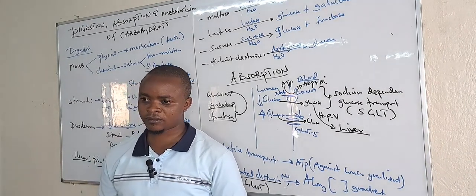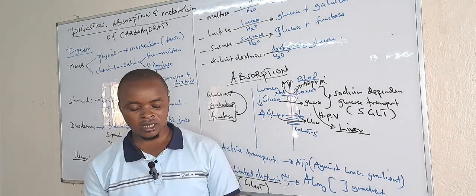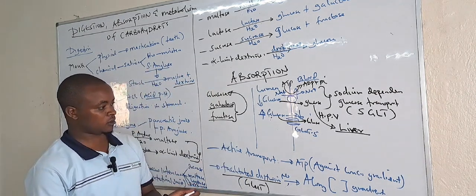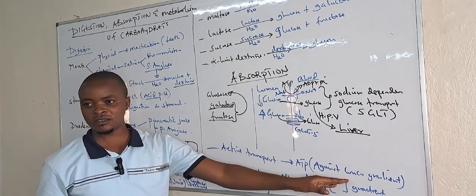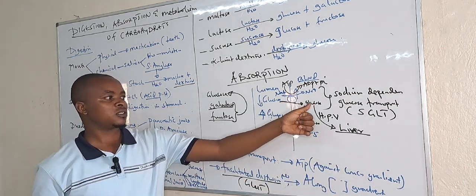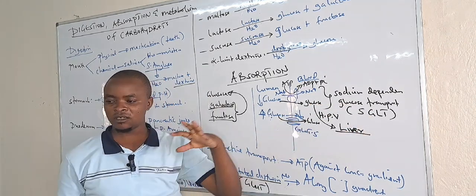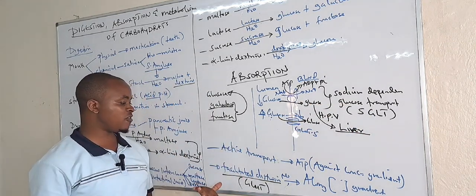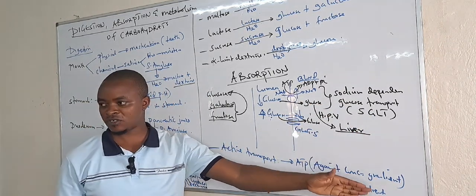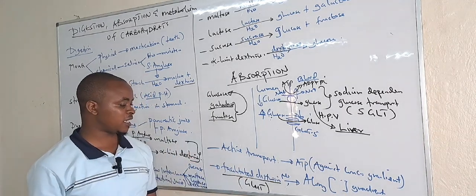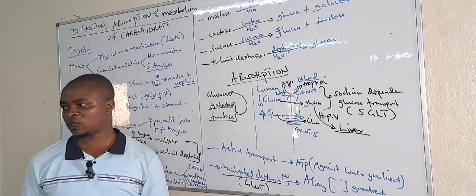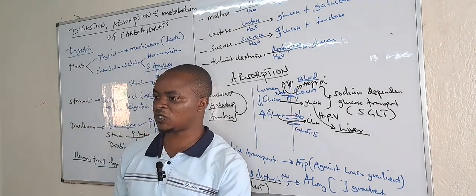In summary, we are saying active transport is against the concentration gradient, facilitated by sodium-dependent glucose transporter. Facilitated diffusion is along the concentration gradient, so no ATP is required, and it is facilitated by GLUT transporters, or what we call glucose transporters.